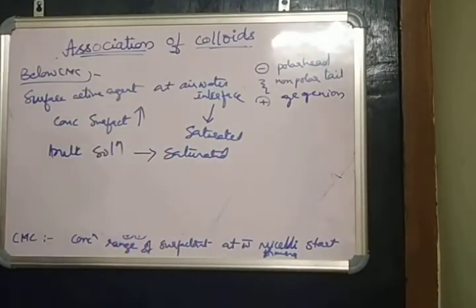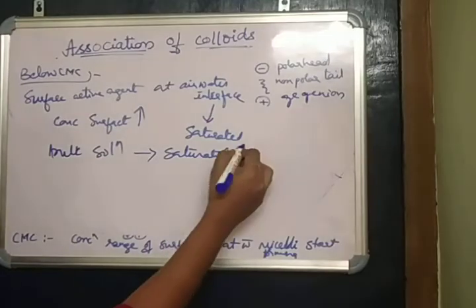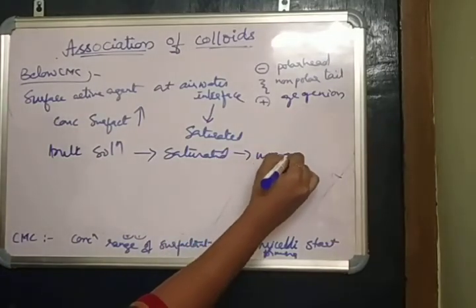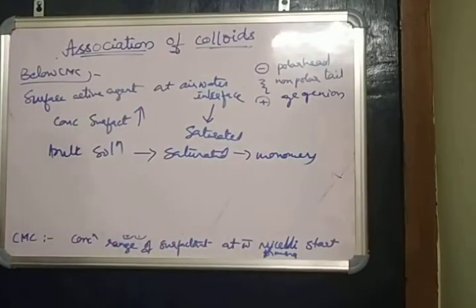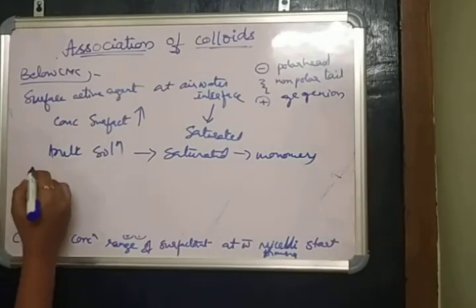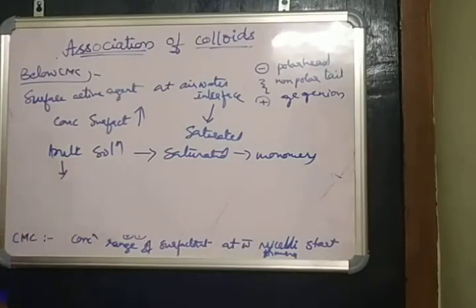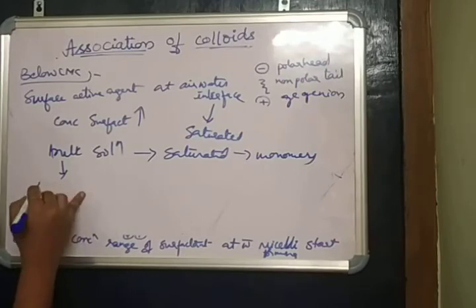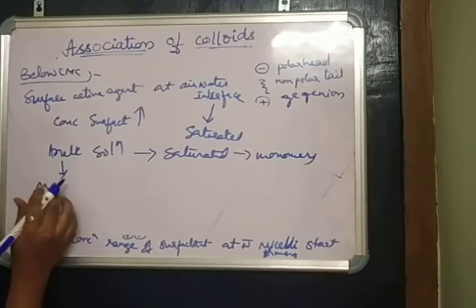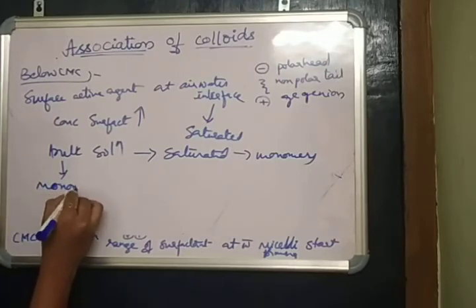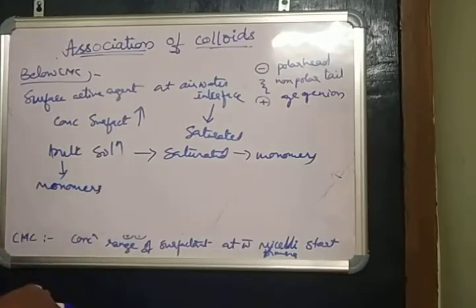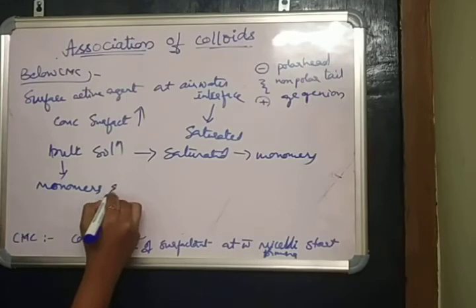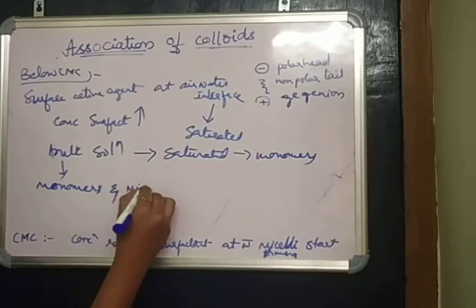Continuously we are adding surface active agents to the solution. The interface gets saturated with monomers and the bulk of the solution also gets saturated with monomers. In the bulk solution, monomers and micelles are in dynamic equilibrium.